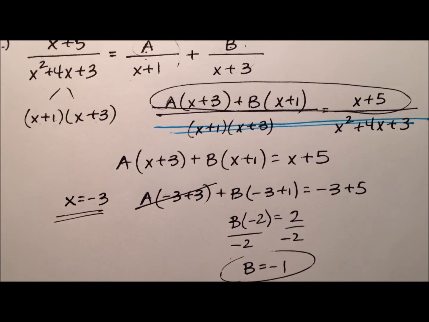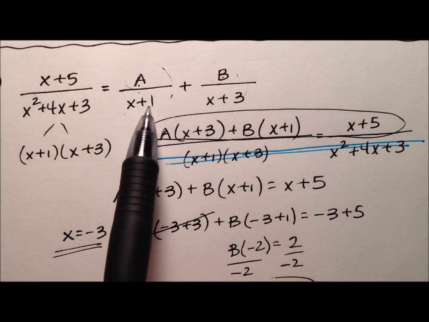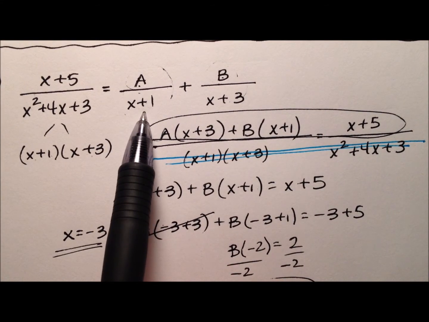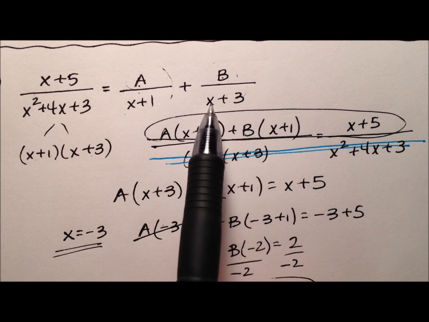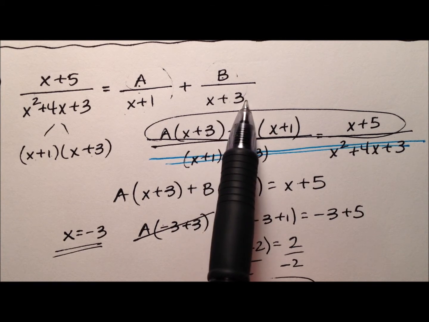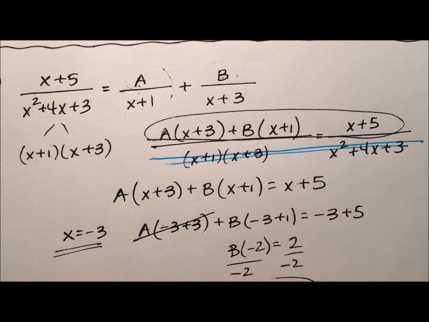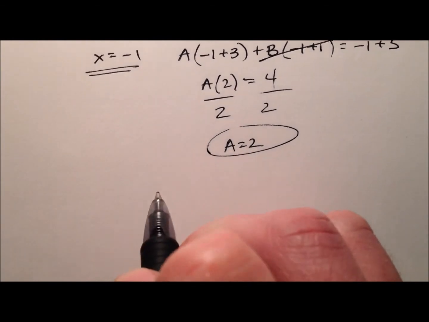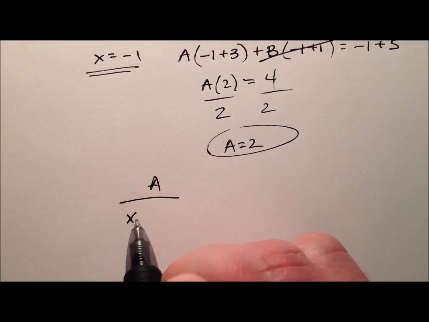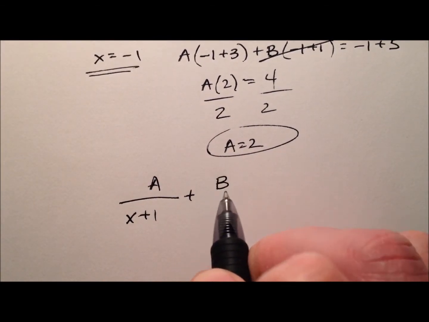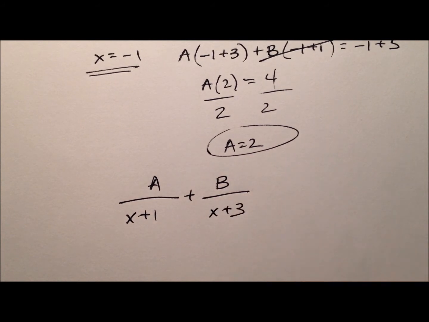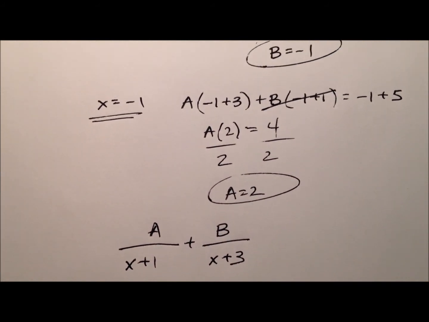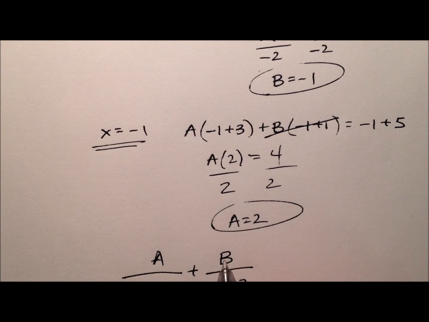And if we venture back up here for a second, didn't we see that a was over the x plus 1 and b was over the x plus 3? Okay, let me just write this down one more time down here. So a was over x plus 1 and b was over x plus 3. Okay, and my b value was negative 1, so I'm going to exchange this for negative 1.